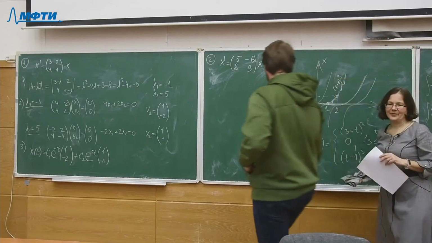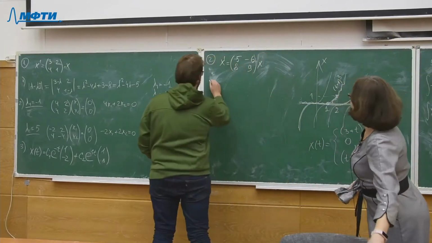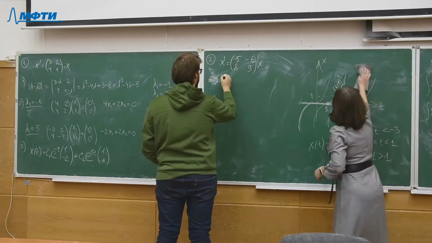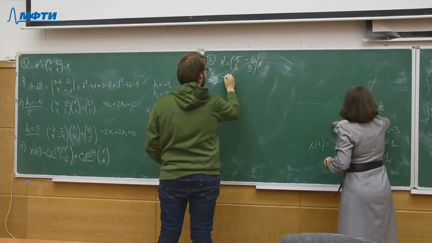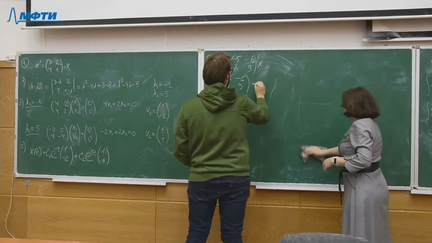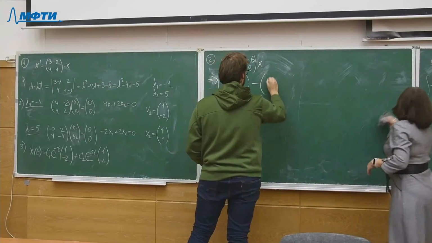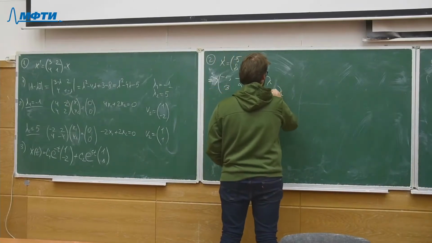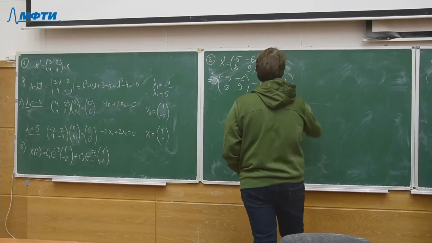Solve it. We're going to use this. It's going to be minus 5, 9, minus, of course, lambda, something like that.